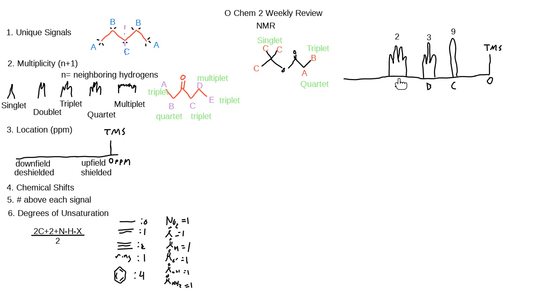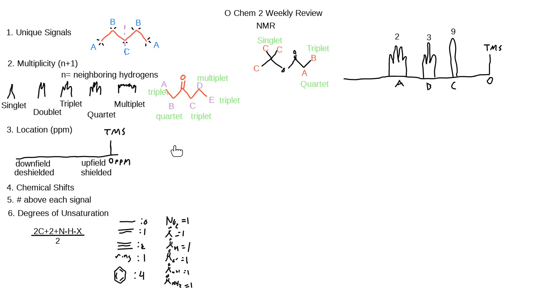This is group A. Group A has 2 hydrogens right here, 1, 2, but it's neighboring 3 hydrogens because it's neighboring only a methyl group. Okay, that's why it's 3 plus 1, multiplicity is quartet, so we have 4 peaks right here. Okay? All right, and then of course so on.